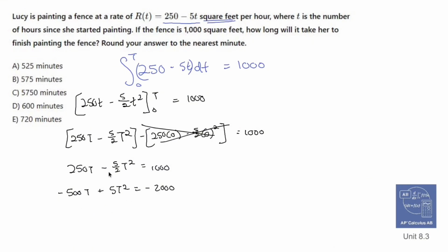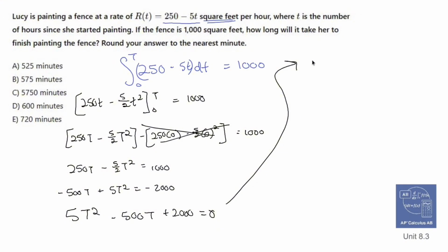Let's add 2,000 to both sides and rearrange things so we have 5t squared minus 500t plus 2,000 equals 0. I can rip out a 5. So I'm going to do that. 5t squared minus 100t plus 400 equals 0.